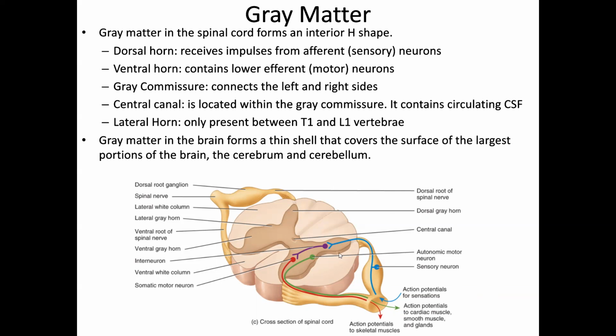Let's talk about the dorsal horns, as they're labeled down here at the bottom. They are where we receive impulses coming into the spinal cord by way of afferent or sensory neurons, like this blue one here, which is a unipolar neuron. You can see the cell body off to the side, and we can see in blue action potentials for sensations. They're going to be the ones carrying signals into the spinal cord for things like when we're itchy, when we're hot, when we're cold, and so on and so forth.